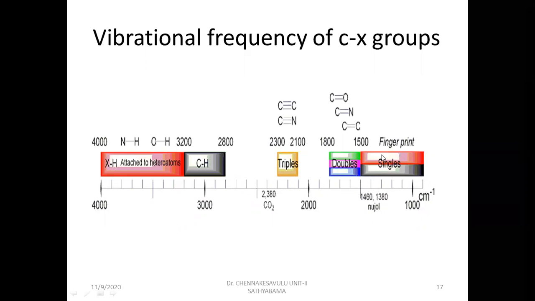This region corresponds to change in bond angle. Okay, change in bond length corresponds to 1450 to 4000, and the change in bond angle corresponds to which region? 1450 to 400 centimeter inverse. This is the range of entire organic molecules.